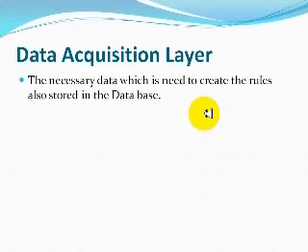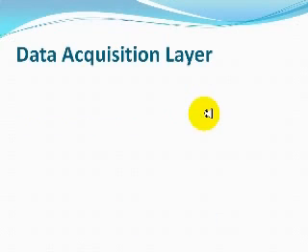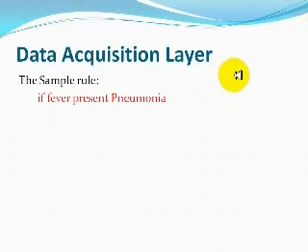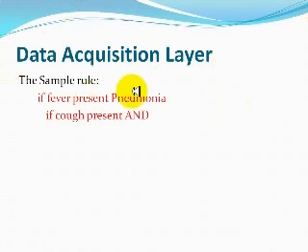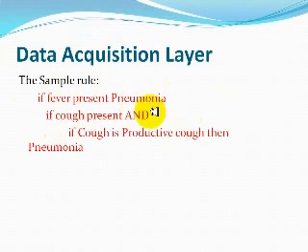Earlier, you saw how the data is stored in the database against a particular disease. Now let's see how a rule can be implemented using those data. Here you can see a sample rule. If we take a quick look at this: if fever present, then pneumonia.